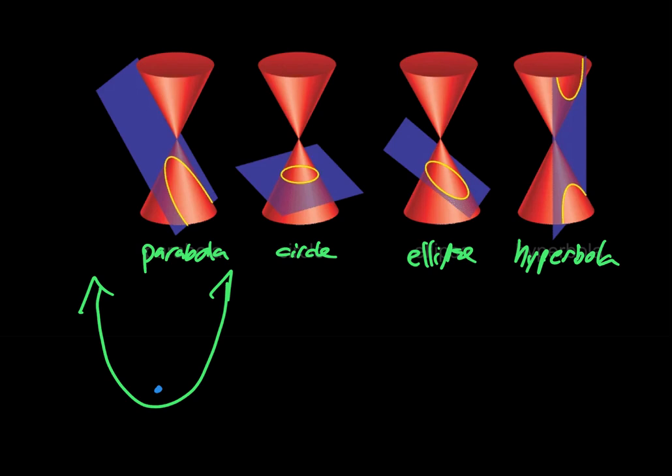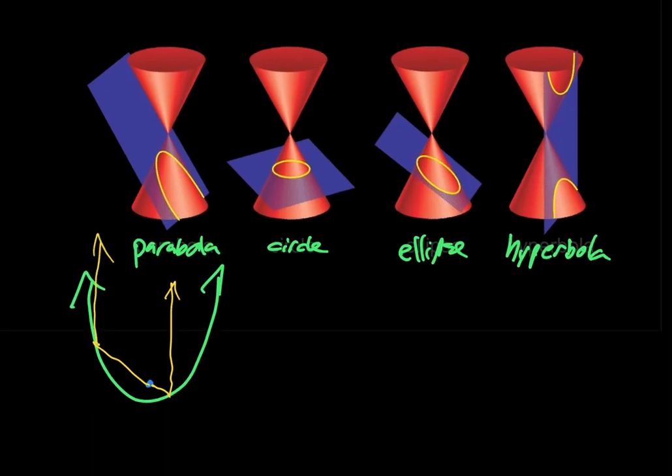But the point right there called the focus, when we talk about sound and light waves, if I have a light wave or a sound wave that starts at that point and goes out from that point, wherever it hits the parabola, it's going to reflect that direction. And it doesn't matter where, oh, that's a terrible looking line.